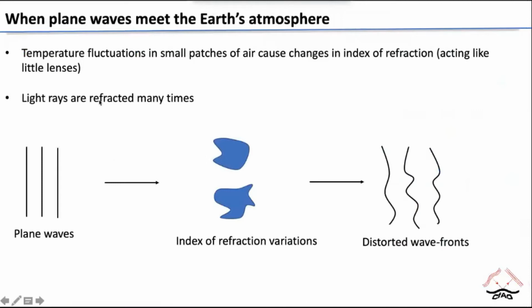Now, what happens when the plane wavefronts that come from an astronomical object meet the Earth's atmosphere? As I was saying, they encounter different air pockets with different indices of refraction, and your plane waves are distorted.